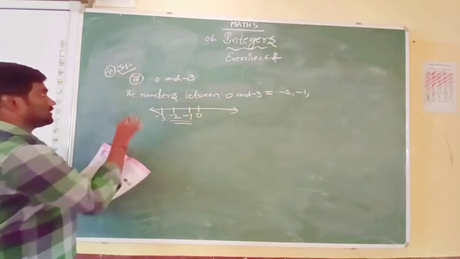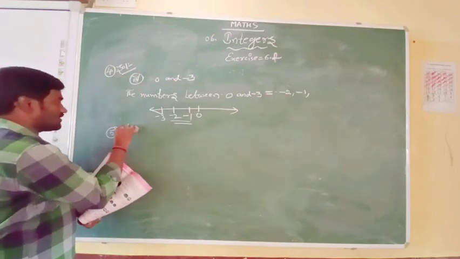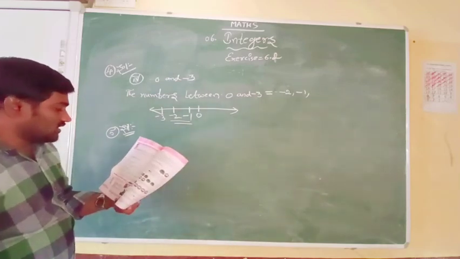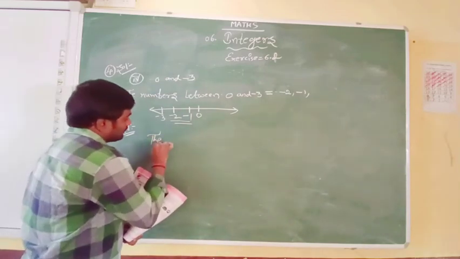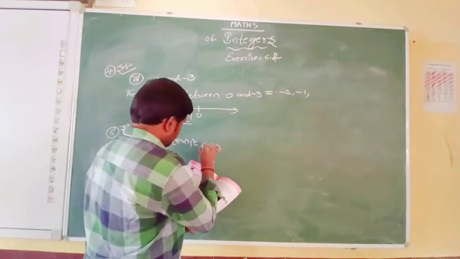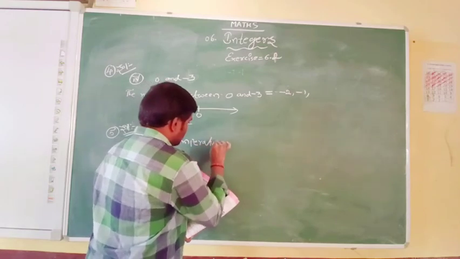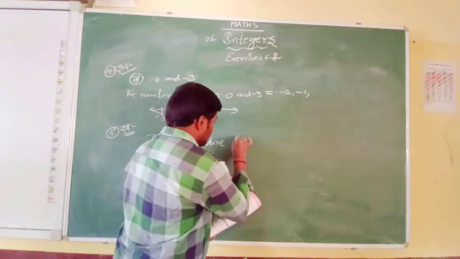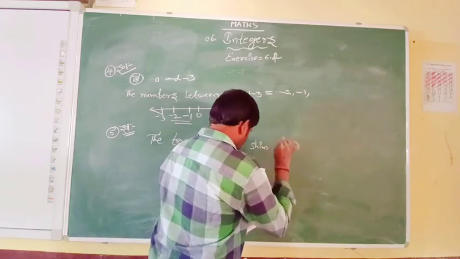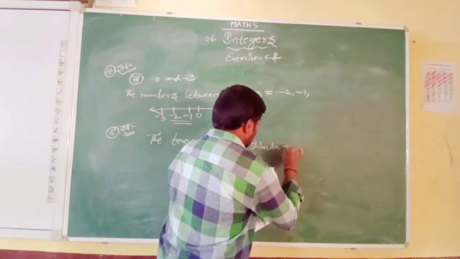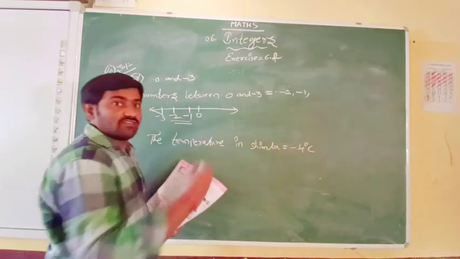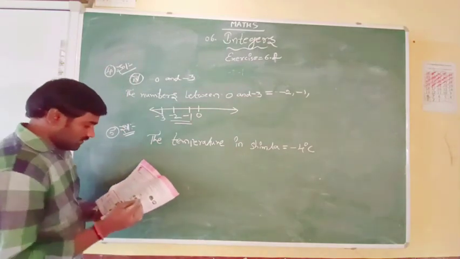Now the fifth question, and this is the last question of this exercise, and the end of this video also. The temperature recorded in Simla. Simla is a city where the temperature is always in minus, where snow falls every time in the winter season.